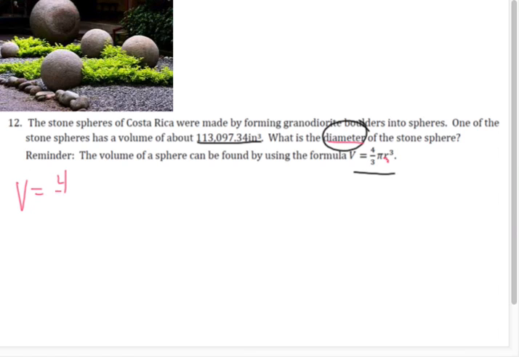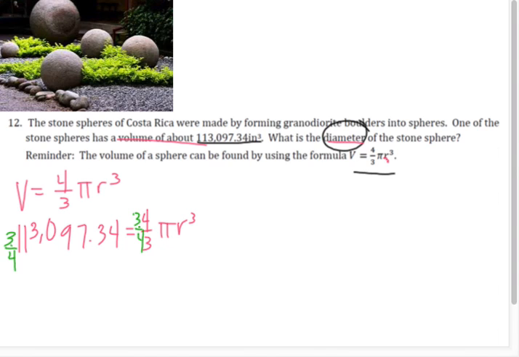So volume is 4/3 pi r cubed. They tell us the volume, so my volume is 113,097.34. We're going to solve this very similarly to how we did the very first problem at the top of the page. So I'm going to multiply by 3/4, the reciprocal.